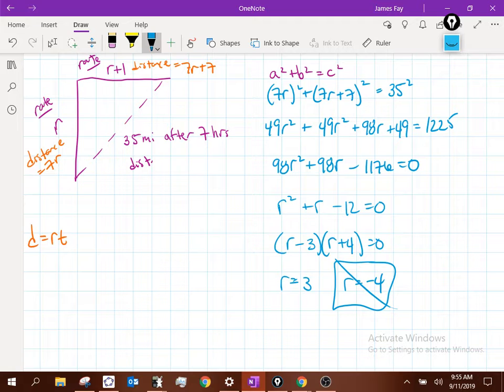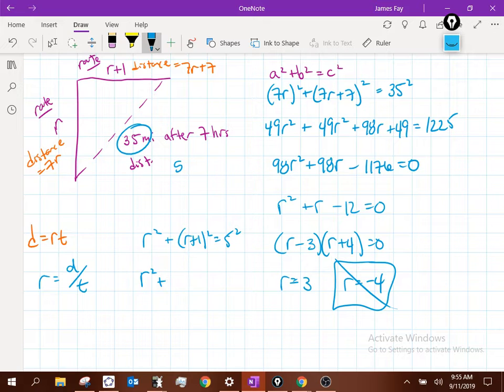Now, we changed everything to distance. I think that makes sense for most people because the Pythagorean theorem is a theorem on distance. But if you wanted to, since rate is equal to distance divided by time, I could have taken that 35 and divided by 7 and got 5, and then just said R squared plus R plus 1 squared is equal to 5 squared.